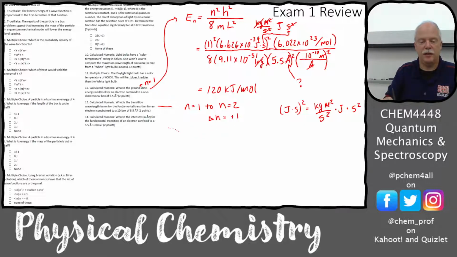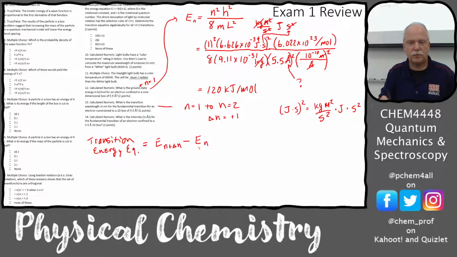So let's go ahead and do this transition equation. And so I can put in this E of n plus delta n minus E of n. So everywhere in our energy equation, there's a quantum number.